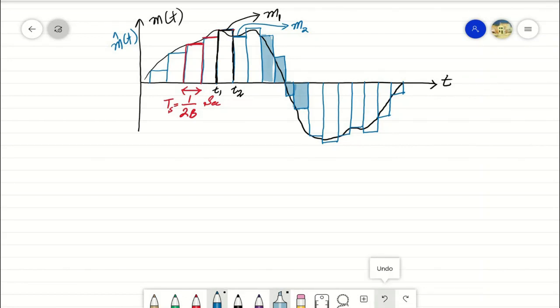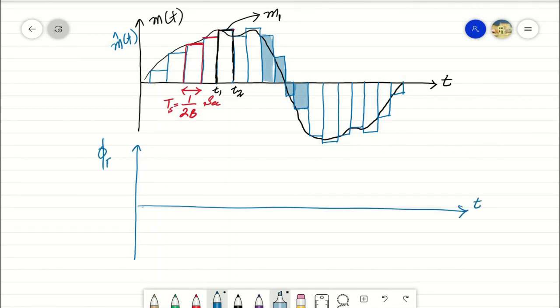If we focus on a typical block, between t1 and t2, we have a constant amplitude of m1. And if we plot the modulated signal, for example the frequency modulated signal, as the frequencies are directly influenced by the amplitude of the information signal, for the block between t1 and t2 we have a constant amplitude of the information signal.